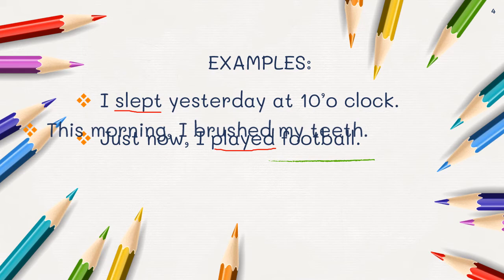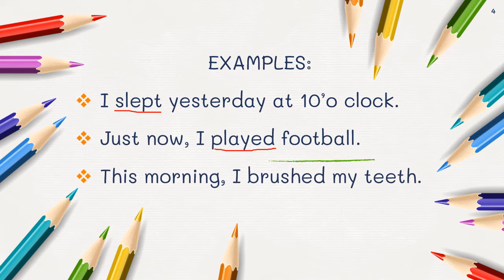Now let's look at the last example. Please read this for me, children. This morning I brushed my teeth. So the verb in this sentence is brushed, and the base form of brushed is brush. So as I mentioned earlier, when we use verbs in past tense, their spelling actually changes.